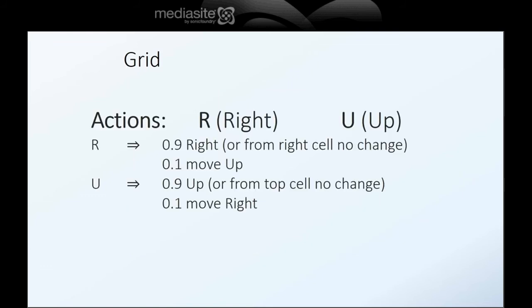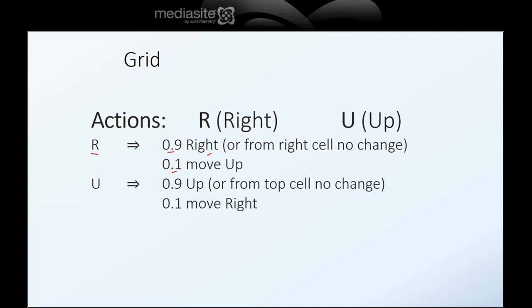Now we have two possible actions, right and up, R and U. When taking action R, it's a little randomized: there's a probability of 0.9 of actually moving right and a probability of 0.1 of moving up instead of right.